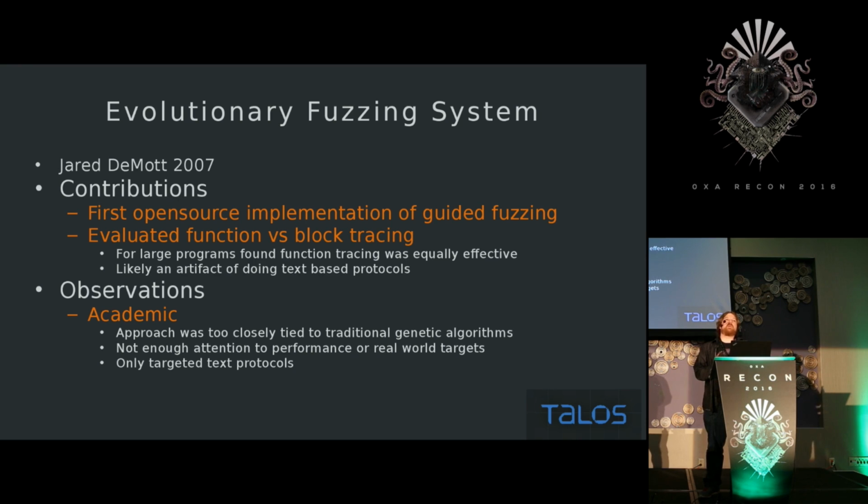But he was only really looking at text mode protocols, which, generally speaking, when you architect software, I think you're more likely to have a dedicated function per verb in a textual grammar protocol than you are if you have a dense packed structure that you're going to be tearing apart and have a lot of logic in a particular type of format. So I think since 2007, we've discovered that block-based granularity is the better one to go with.